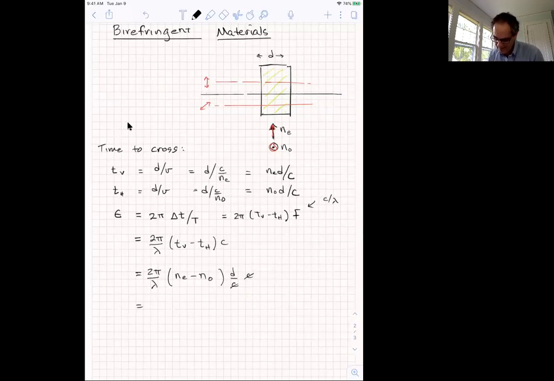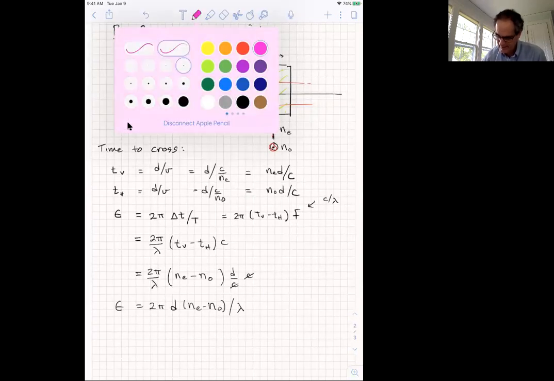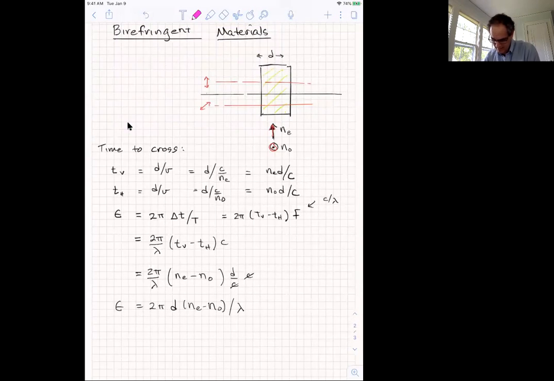And we have finally 2 pi times d times Ne minus N0 divided by lambda. Very good. We could write this in other ways, but this is actually convenient for what we want to do. Let's stop there. I'm just going to put a box around this so that we remember it. And then in a second, we'll go on.